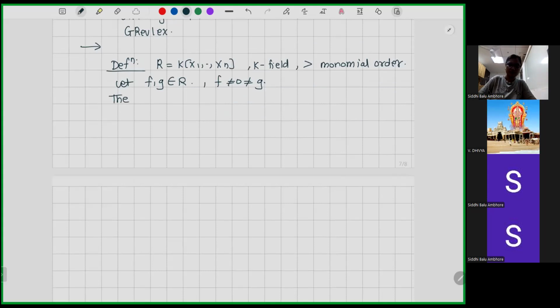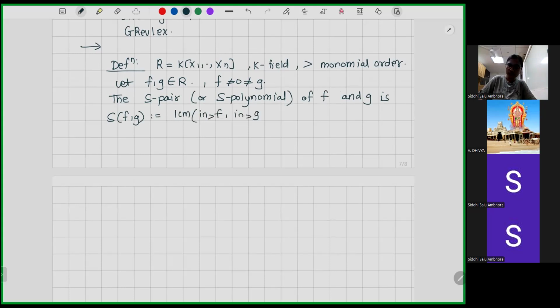Then the S pair, also known as S polynomial, of f and g is denoted by S(f, g), and it is the LCM of the initial term of f and the initial term of g under this monomial order, of course, times f, and everything divided by the initial term of f.